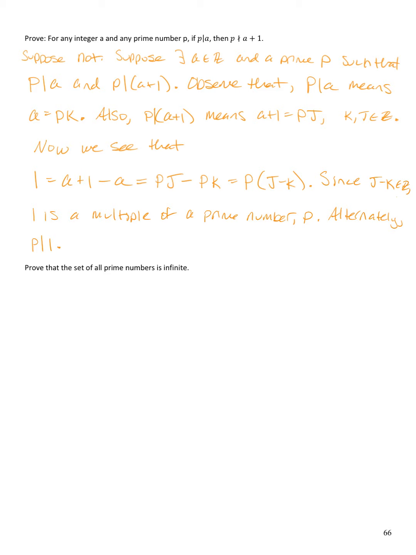But we have a contradiction here because the only divisors of 1 are 1 and negative 1, and primes are defined as being larger than 1. So since p is bigger than 1, p cannot divide 1.